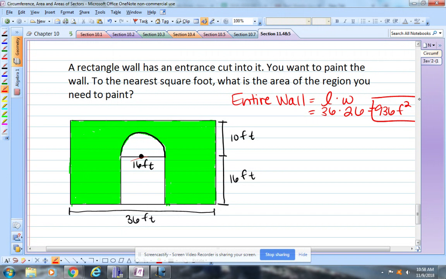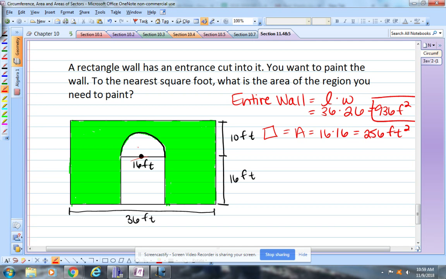So let's first do the rectangle part. So the square. How do you find the area of that? You can do length times width, right? So 16 times 16, which is what? Y'all should know 16 squared. 256 square feet.